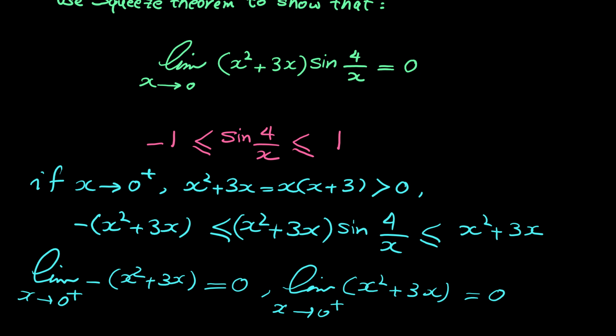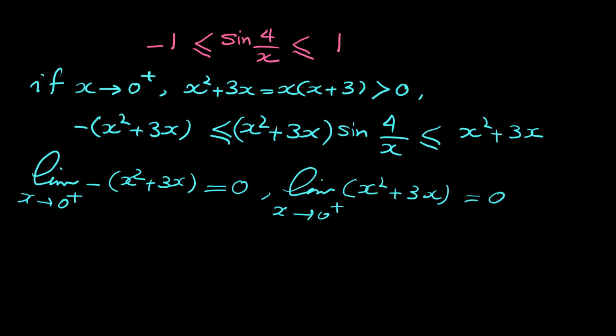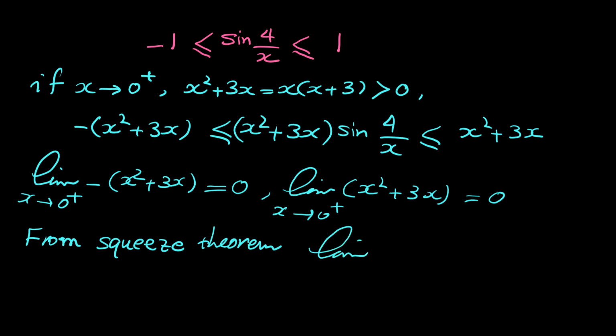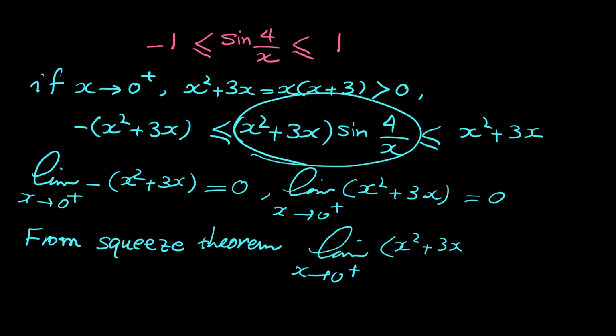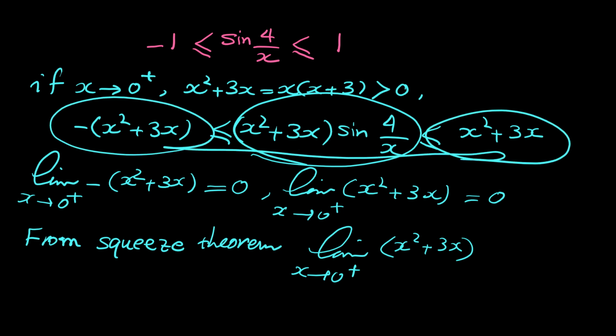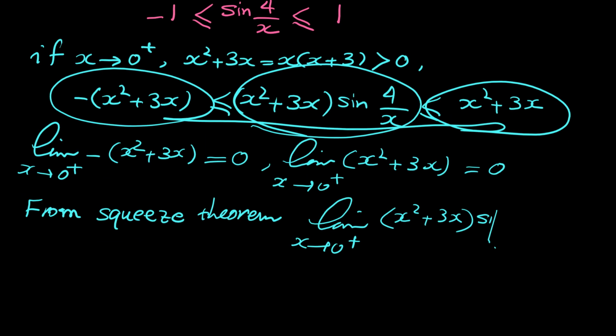Now from these two limits that are 0, from the Squeeze Theorem, we can conclude that the limit as x approaches 0 from the right of the middle function, which is trapped between these two functions, should also be equal to 0.